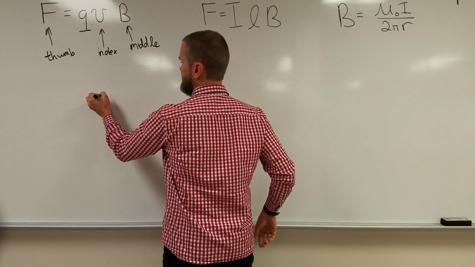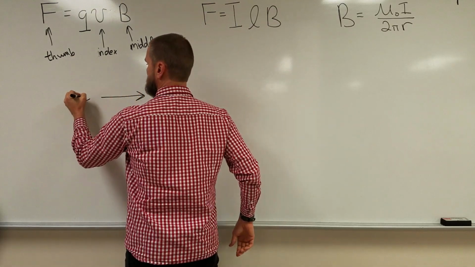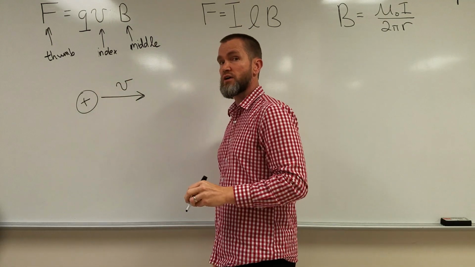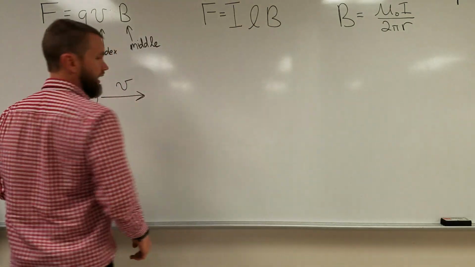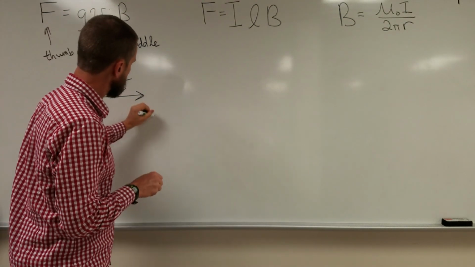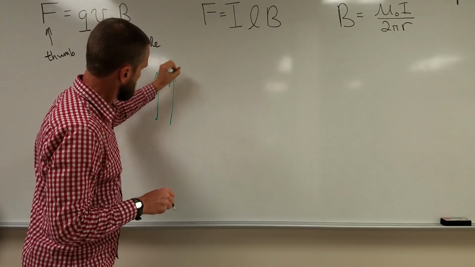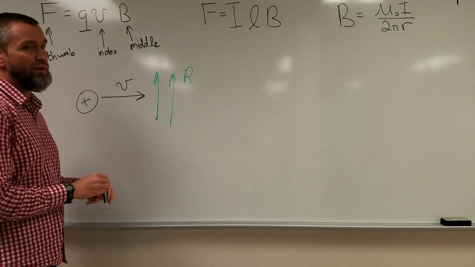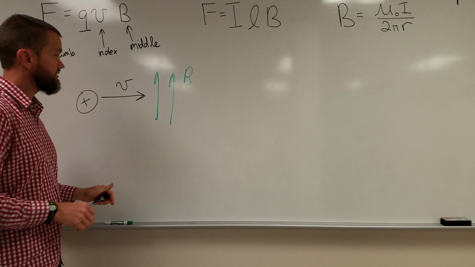Let's say that I have a positive charge traveling in this direction with a certain velocity. And it's going through a magnetic field that is in this direction. So my magnetic field is pointed upwards. And I want to know what is the force that's acting on this particle.